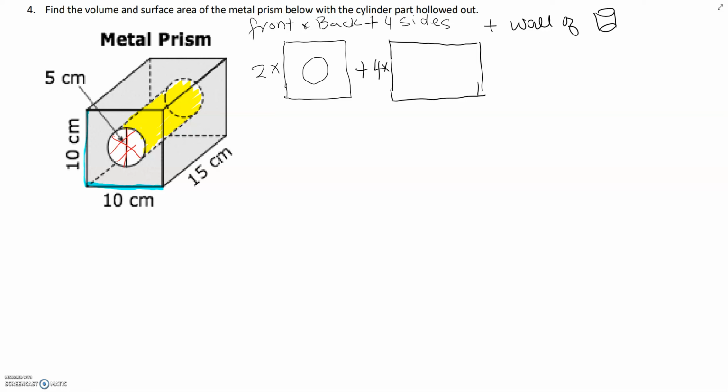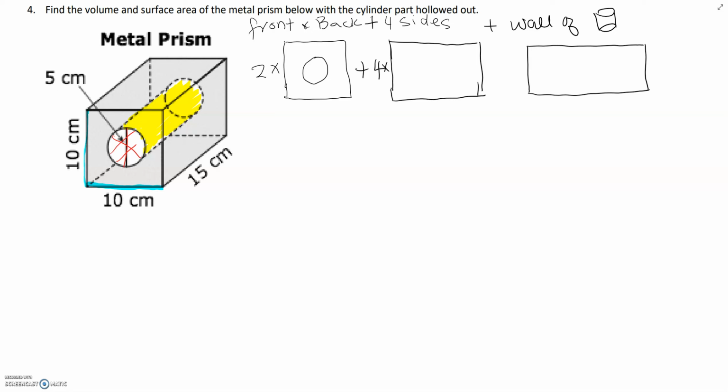That's the yellow part that I am shading, the round part. Just take a look at a toilet paper roll. When you pull a piece of toilet paper out, that would be a rectangle, and that is the surface on the inside.